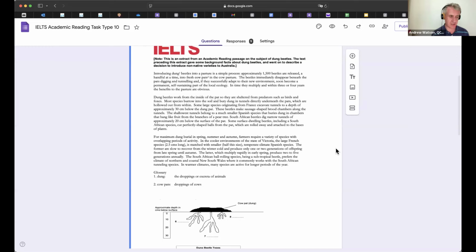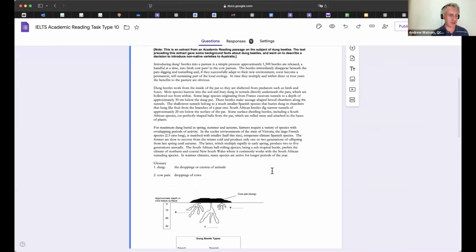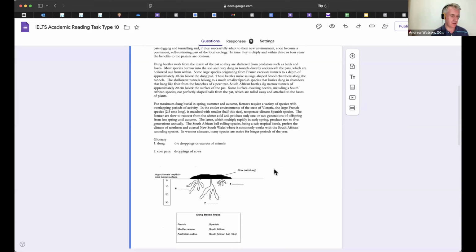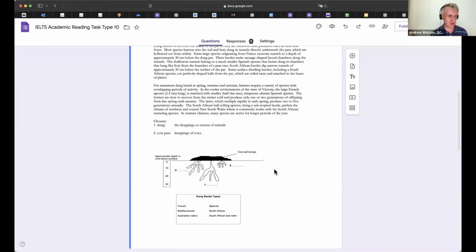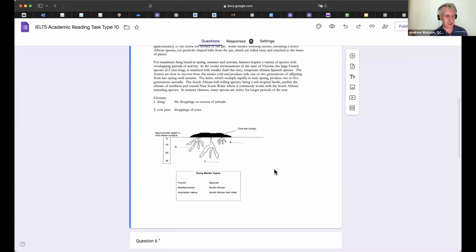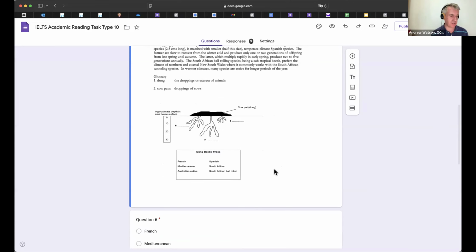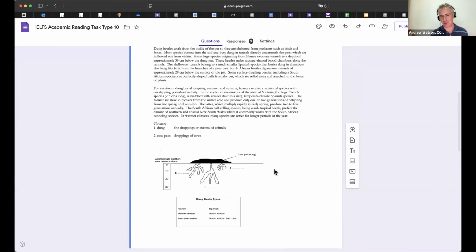You could collect in the reading text so that they don't have the reading text, but leave them with the diagram. And they have to write a summary of the diagram in their own words, which demonstrates that they understand it. So this could be useful practice for academic writing task 1, you see?